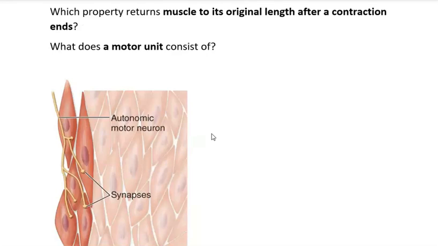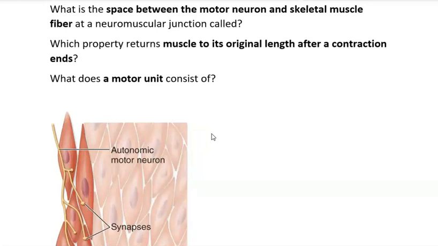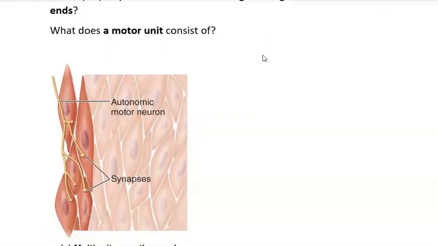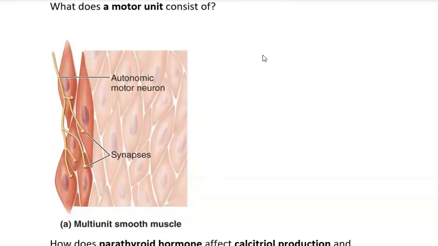Okay, what does a motor unit consist of? Oh, excuse me, hold on. Which property returns muscle to its original length after a contraction ends? Well, go back and review the properties of muscles, and you'll see that this is elasticity. What does a motor unit consist of?